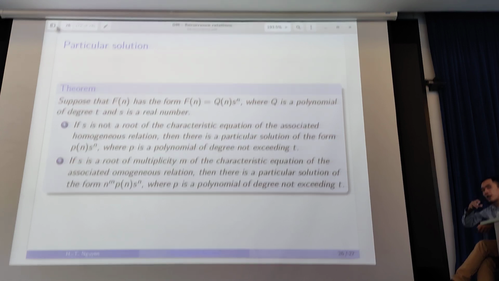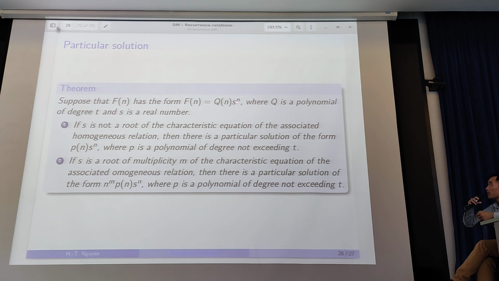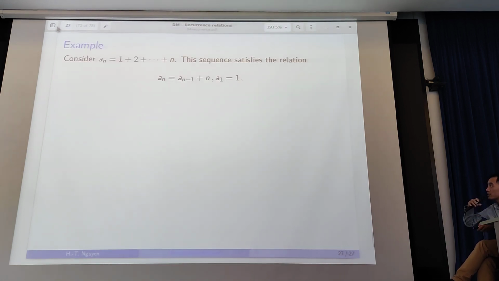There is a remark that if there is no term here, that means that S is equal to 1. When you do the exercises, you should pay attention to it. You verify if S is a root of the characteristic equation or not, and depending on the outcome, you apply either of the two cases.